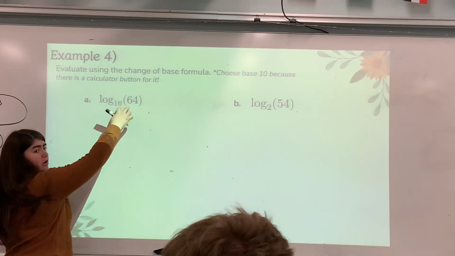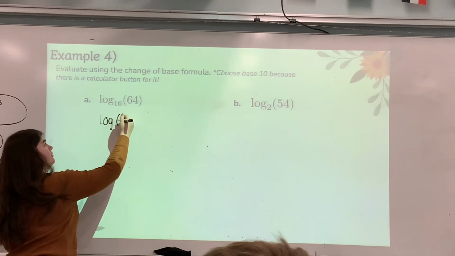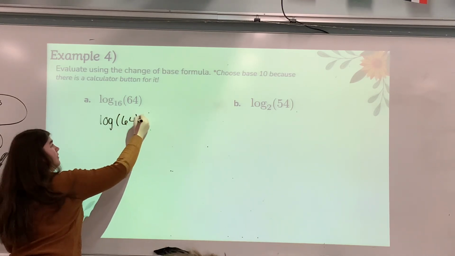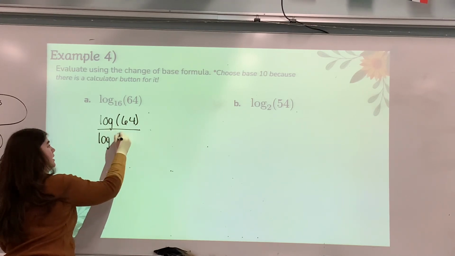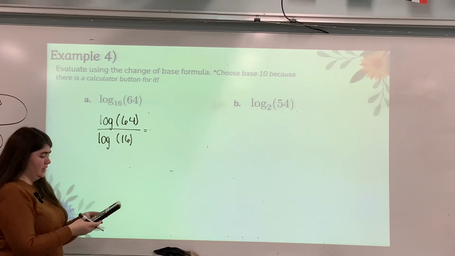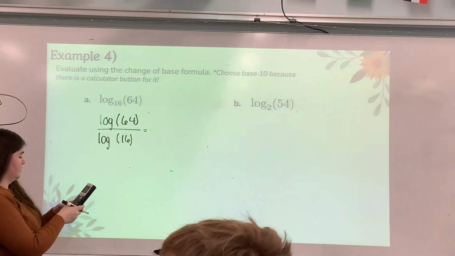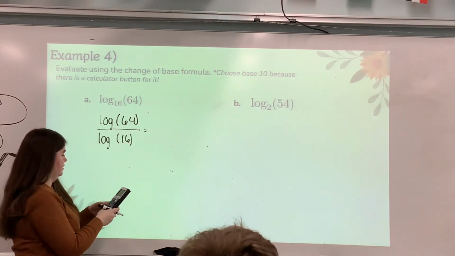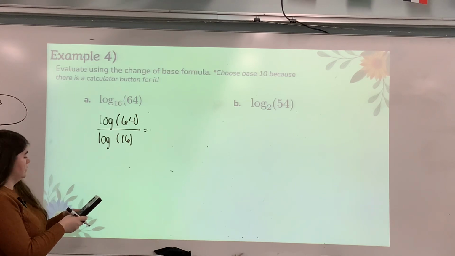So if we're converting this to be log base 10, this is going to be log of A, 64, over log of B, meaning the base, which was 16. So we have in the calculator the log button, 64, divided by the log button, 16.